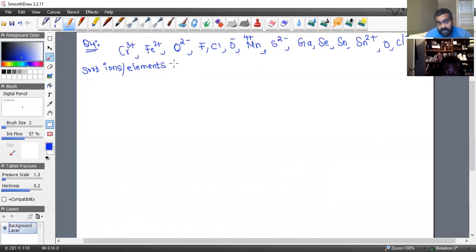Salt ions, elements, in the order of increasing size. I will not try this combination with ionization energy, I can tell you that much, because that's much more difficult. In order of increasing size, smallest to largest.